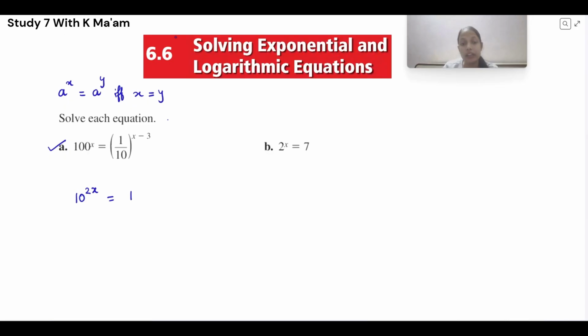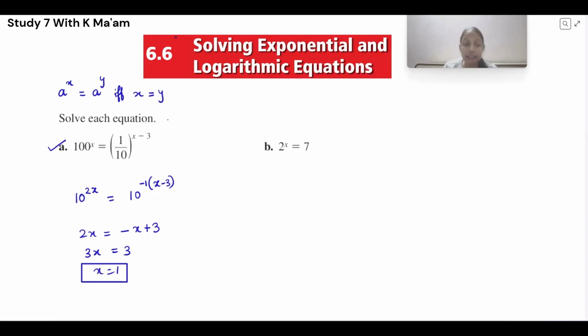So I write 10 power negative 1 and the whole power is x minus 3. The bases are same. Compare powers now. So it's 2x is equals to negative x plus 3. Add x on both sides. So 3x equals 3, so you got x is 1.